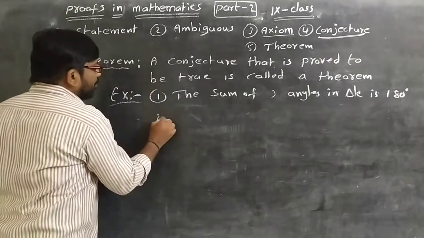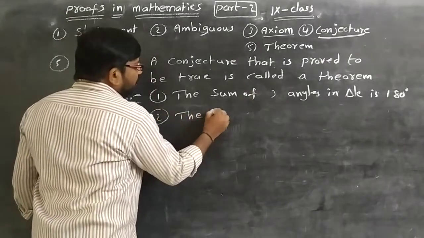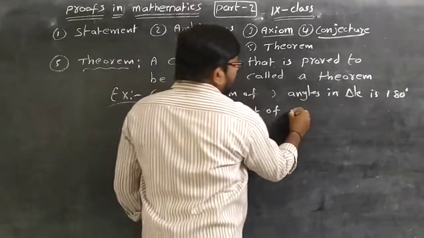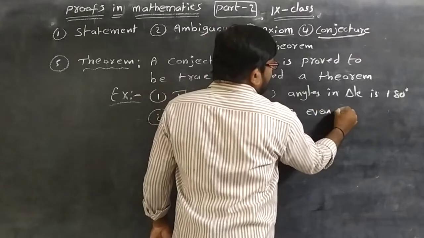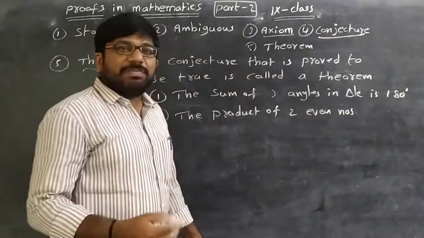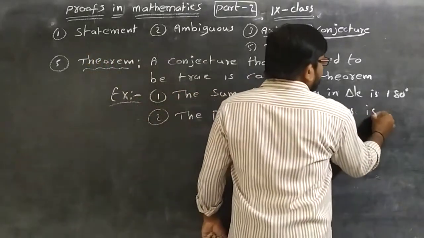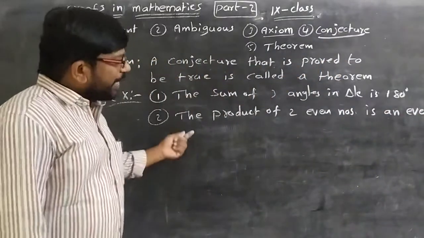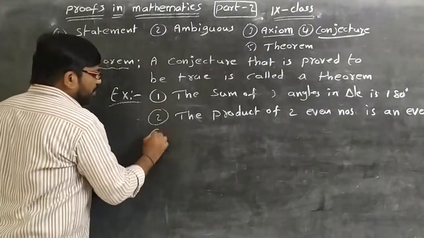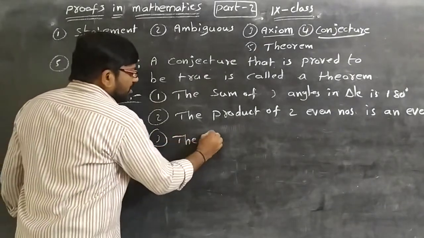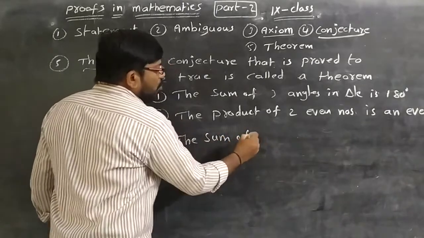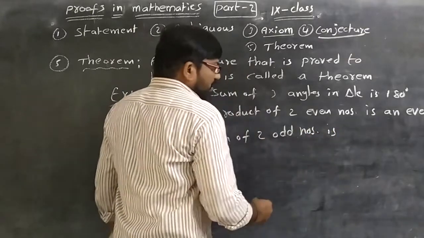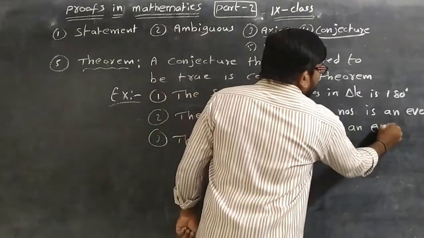And the second example, the product of two even numbers is even. It is also a theorem. We can prove this, right? And third, the sum of two odd numbers is even.